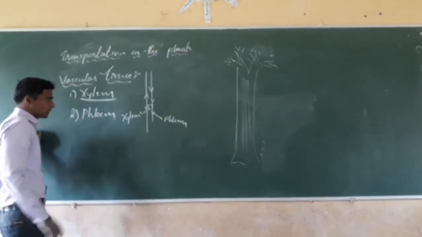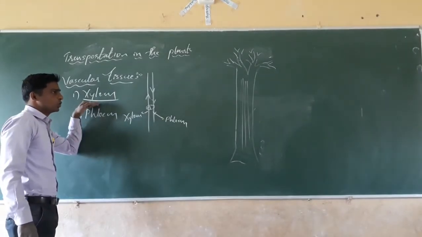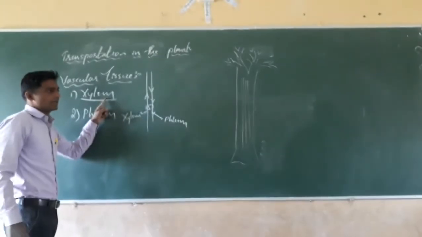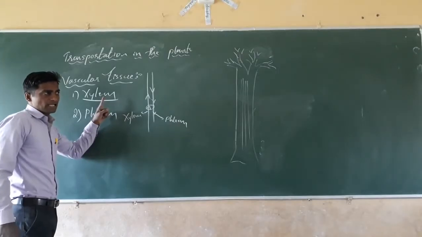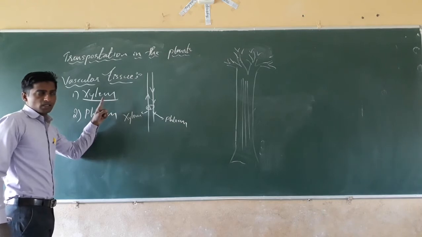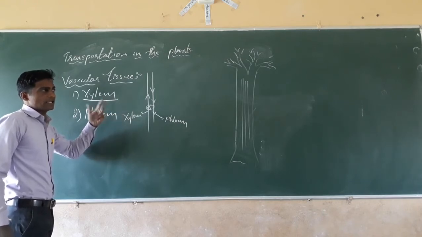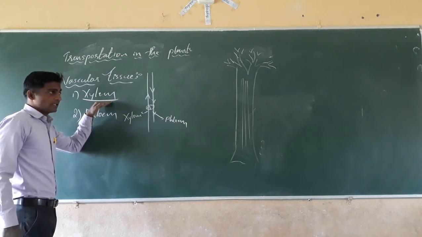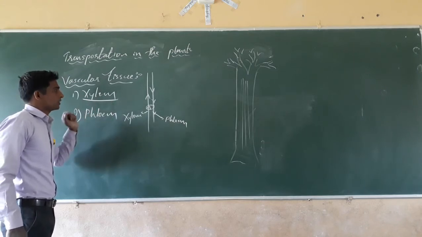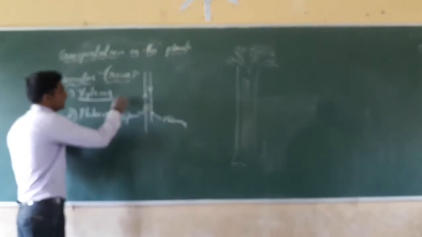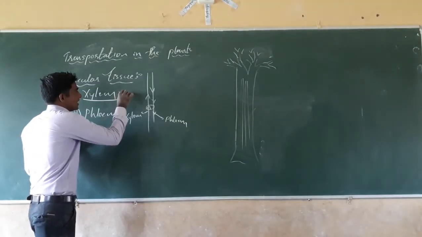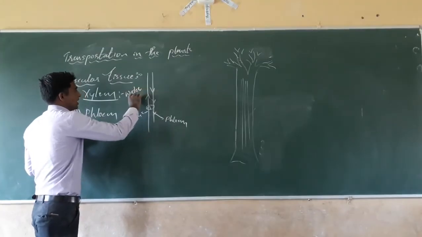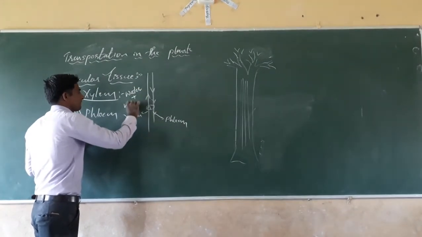Here, dear students, xylem is a vascular tissue that contains different components: xylem vessels, xylem parenchyma, xylem fibres, and xylem tracheids. These different types of cells help in the conduction of water and nutrients. Xylem conducts water and nutrients.